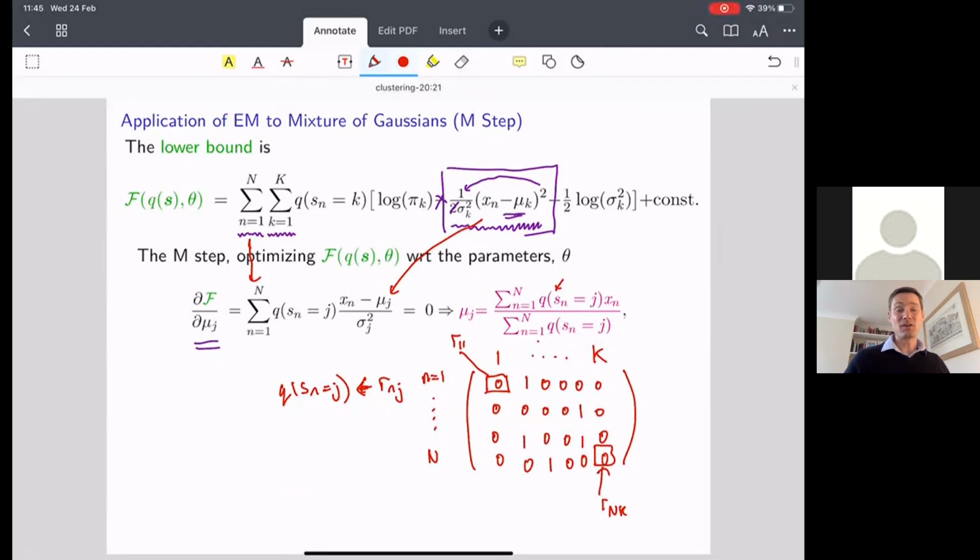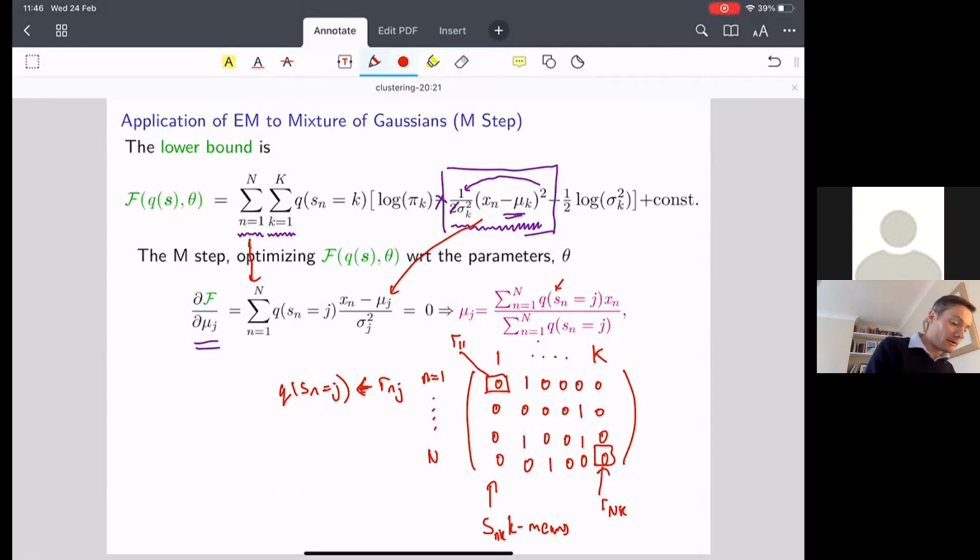In that case, you can see that this starts to look like S_nk from the k-means algorithm. It's a hard clustering again, and the R's are playing exactly the same role as the S's. In general, the R's will allow soft assignments. We won't necessarily get hard assignments out, but if we did, and that will happen when the clusters are widely separated from one another, then R and S correspond.